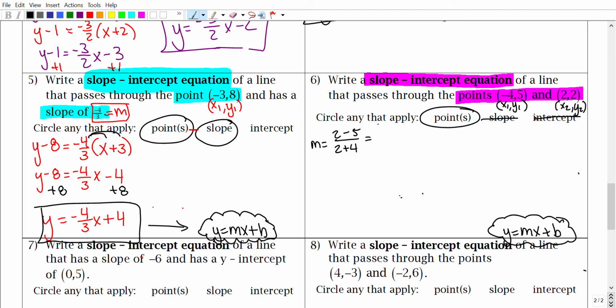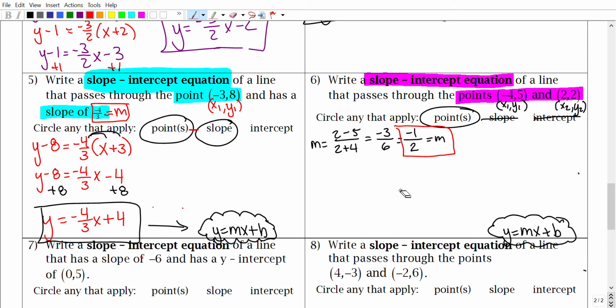So I get -3 over 6, and that has 3 in common. They both have a 3 in common, so -3 divided by 3 is just a -1. A +6 divided by 3 is a +2. So my slope here is -1/2.